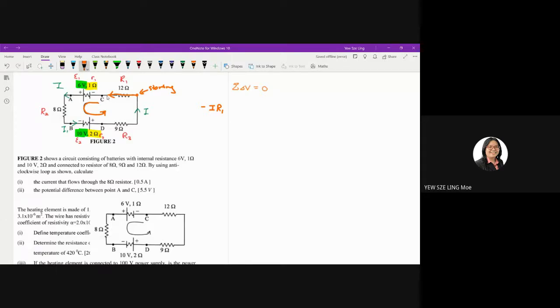As I keep moving and come to this first battery, I'm moving from the negative terminal towards the positive terminal, lower potential towards higher potential. So plus EMF1. But don't forget there's an internal resistance right here. When there's an internal resistance, you just treat it like all the other resistors in your calculation.